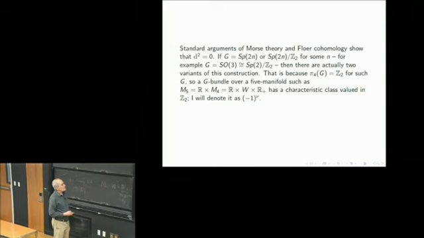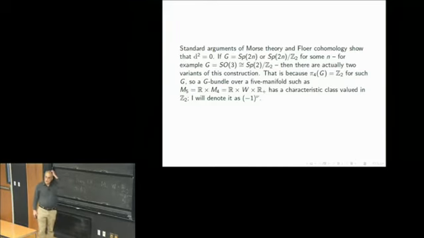Now, if G is a symplectic group or a symplectic group divided by Z2, for example, if G is SO3, which is Sp2 over Z2, then there actually are two variants of this construction. That's because pi4 of G is Z2 for such G.